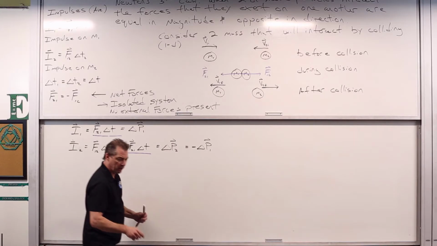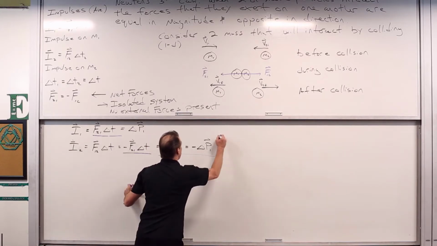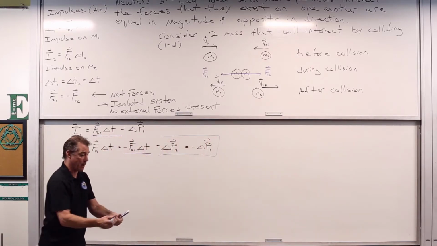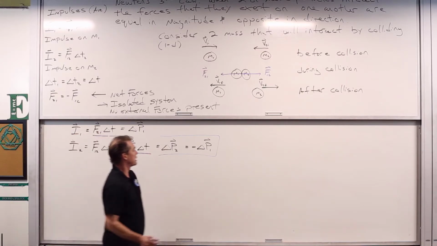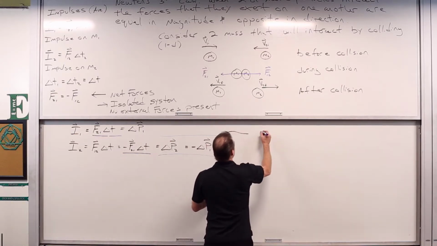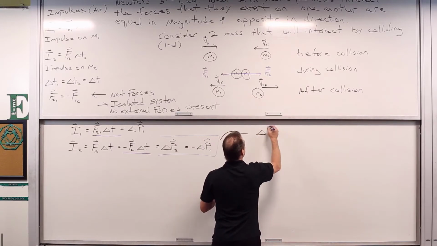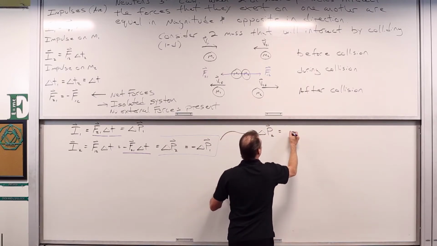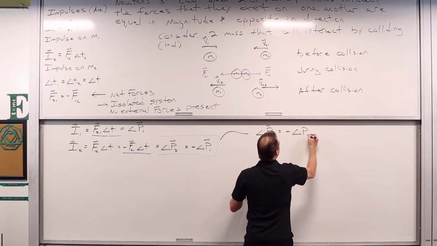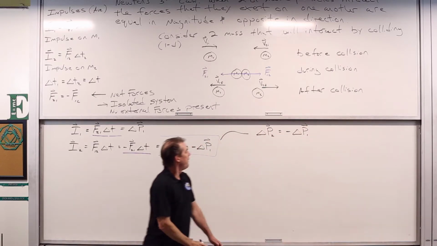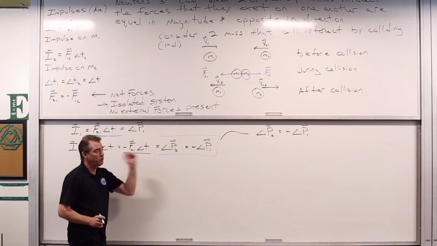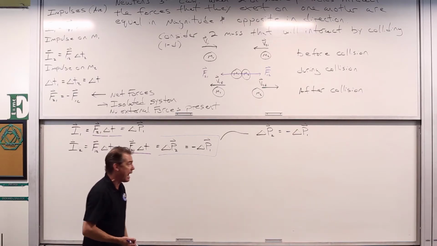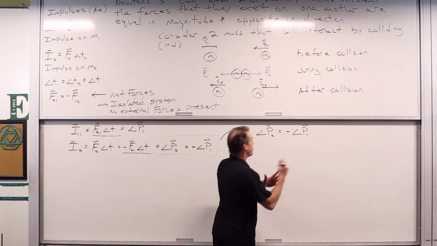So let's take a nice little look at this right here, because this is going to be where we extract out some nice, meaningful relationship. So let's expand this out. I'm just going to go ahead and rewrite it. We have delta P2 hat is equal to negative delta P1 hat. All right, and we know that delta P2 is going to be equal to M2 V2 final hat minus M2 V2 initial hat.